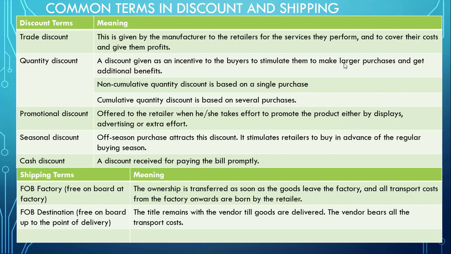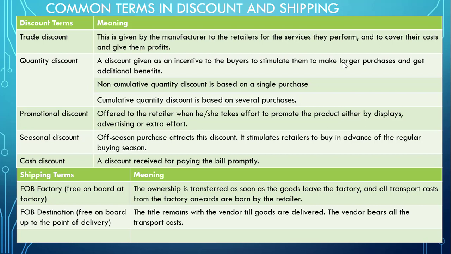Seasonal discount is a type of discount provided for retailers when they purchase the product in the off-season, meaning whenever the demand for that product is low, but the retailers purchase it anyway, then the manufacturers provide them with a discount. So it is known as a seasonal discount.